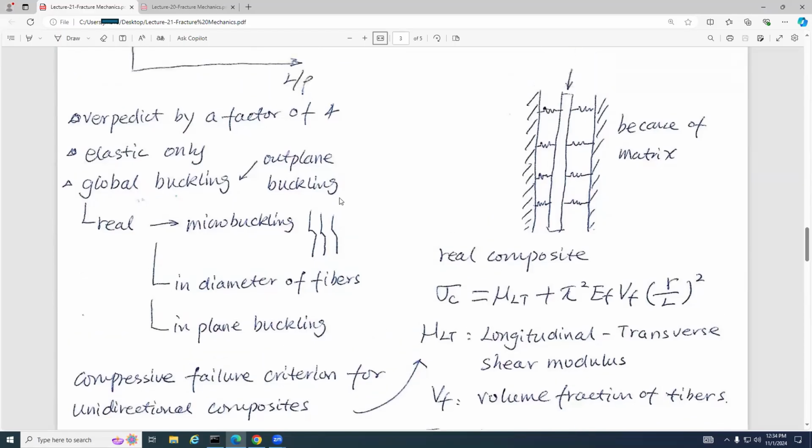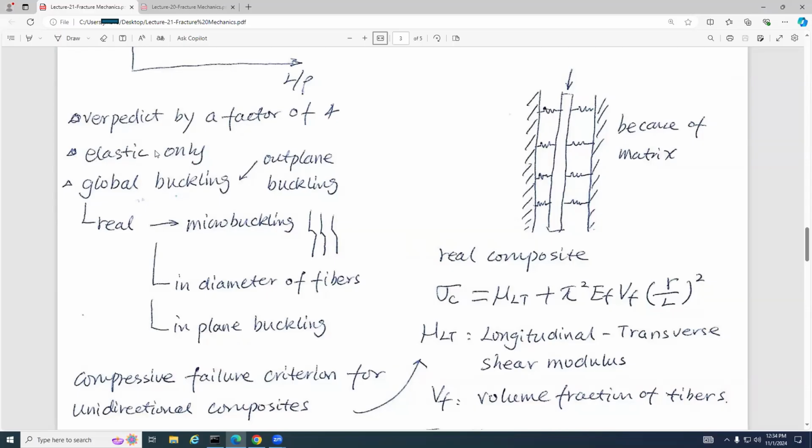So this model, there is one observation: it over-predicts the strength by a factor of 4. This composite is too optimistic. It usually over-predicts the strength of the fiber material by a factor of 4.